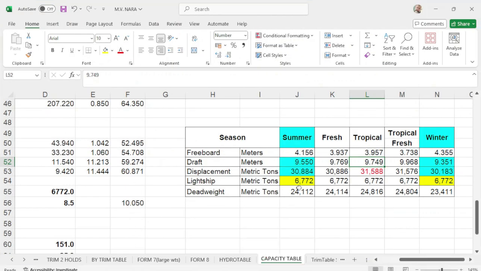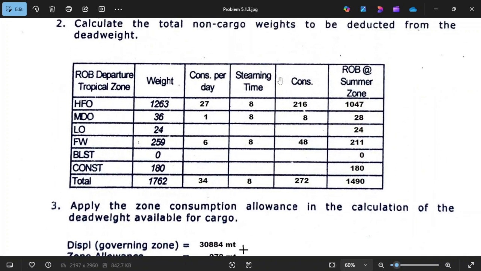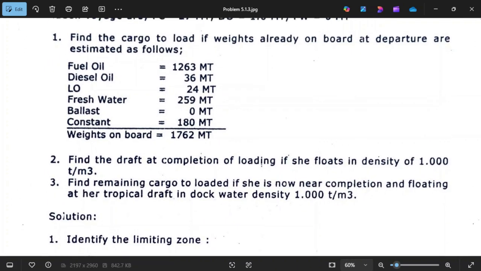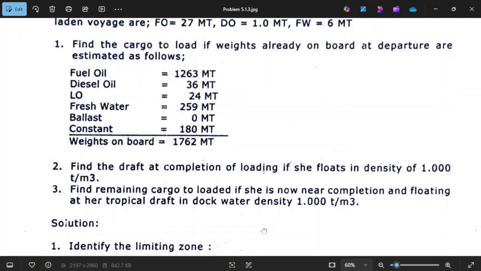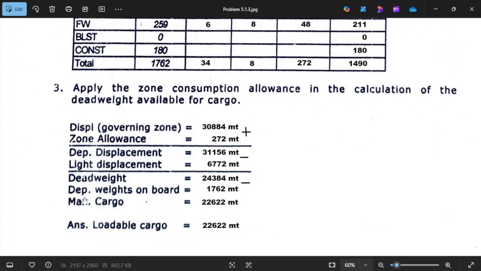Your light ship is 6772, which is this one, and that will give your deadweight of 24384. Then minus your departure weights on board, or your non-cargo weights, or your ROB, which is this one. You deduct it, and this will be your maximum cargo, or your loadable cargo.